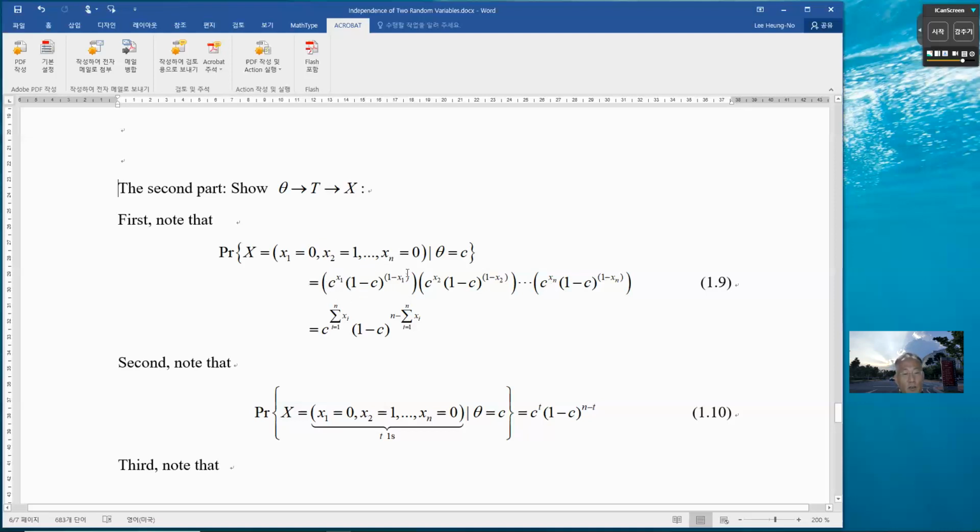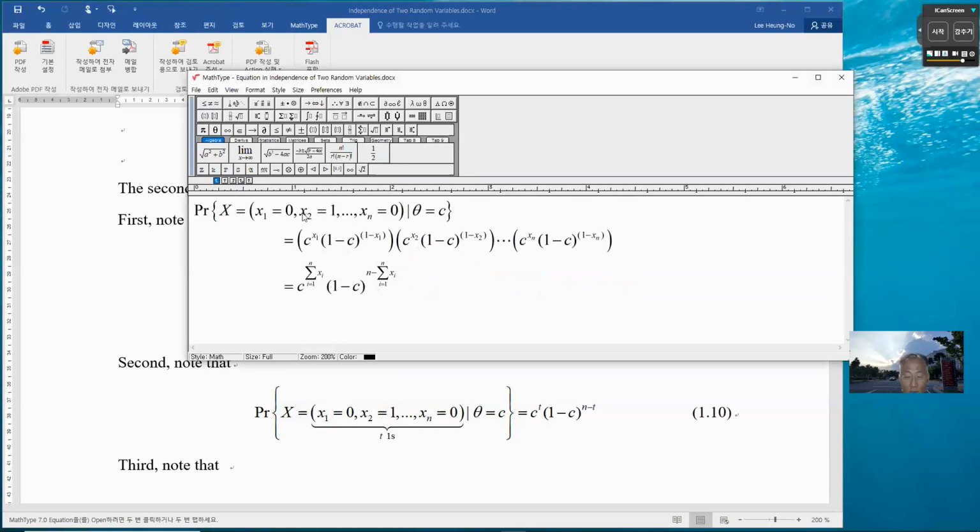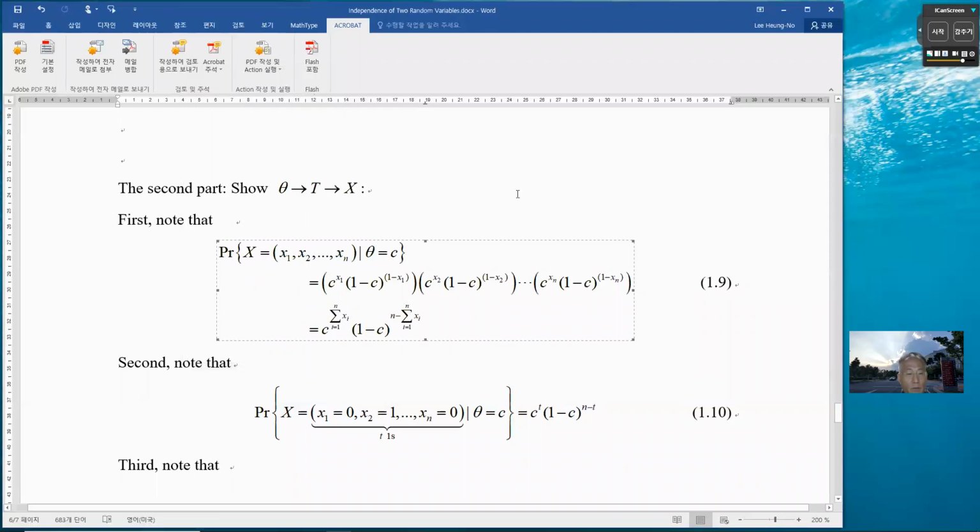So this general expression works for any x1, x2, and so on. So no matter what value each dummy variable takes, this expression is correct.